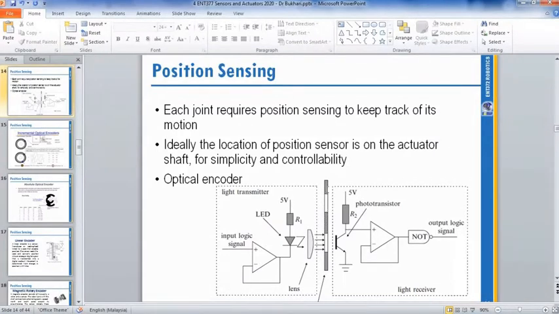This is an example. You have the transmitter here. This is the transmitter circuit, this is the receiver circuit. You have a photo transistor here, and you have an LED, for example. This is the LED, and this is the input logic signal.